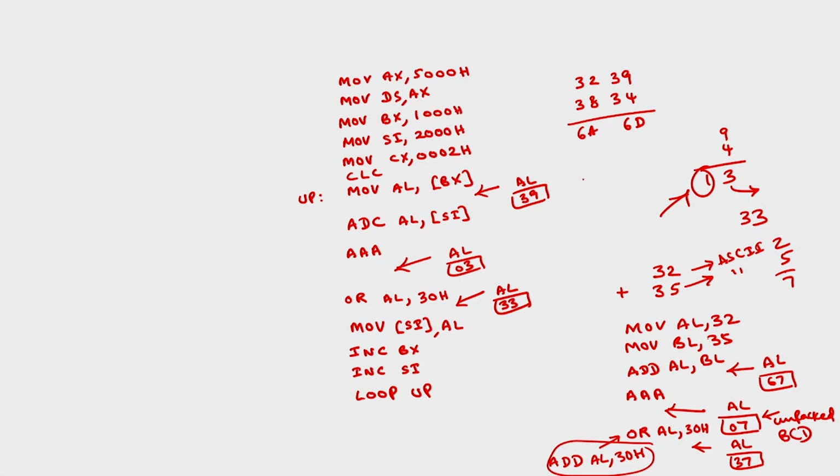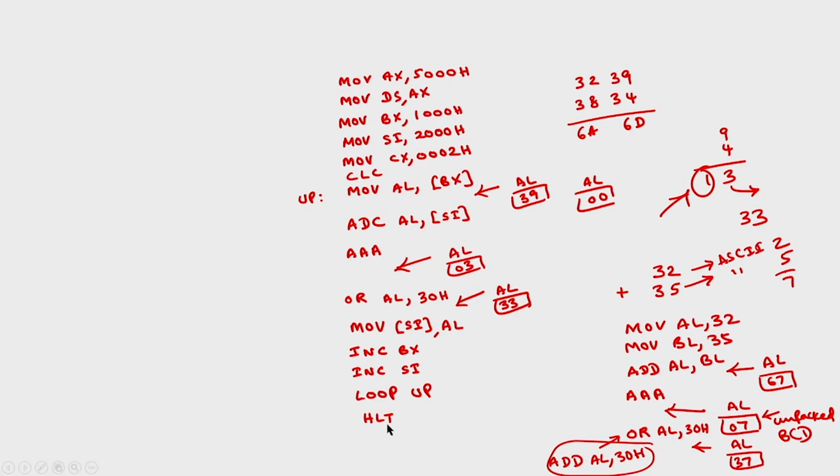So after AAA this AL will be containing unpacked BCD, BCD of this one is 00, because 8 plus 2 is 10, 1 is carry, so the result is only 0, AL will be having 00. So to get 30, which is the ASCII code corresponding to 0, you have to OR with 30H, then the result is stored back into the second number, then only halt.